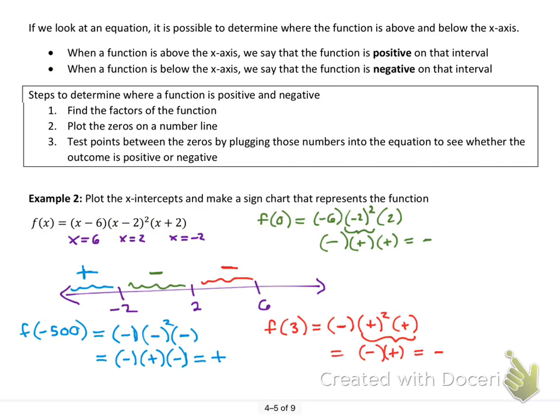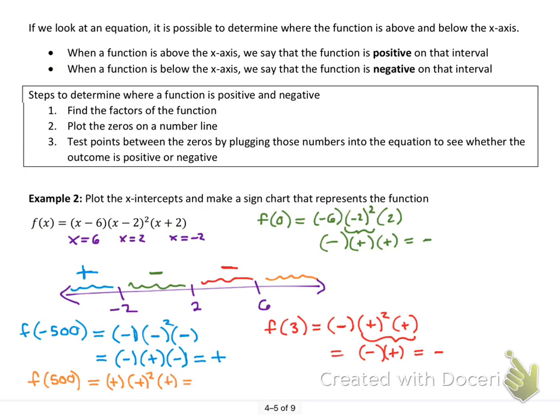And then the last area, right here. I'm going to pick positive 500, because why not? F of positive 500. I'm just trying to be really extreme about it so you can get the picture of what kind of number it's going to end up being. So positive 500 minus 6 is positive, because it doesn't do much to it. Positive 500 minus 2, still positive, and that's squared. And positive 500 plus 2, still positive.